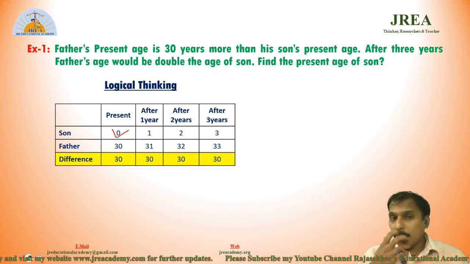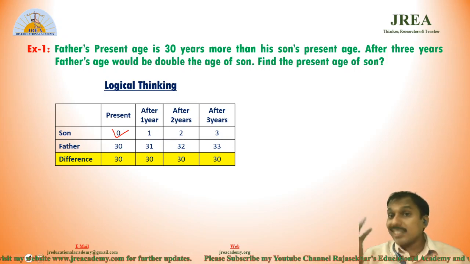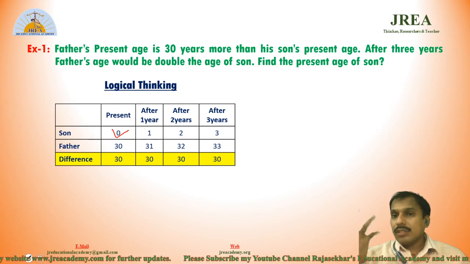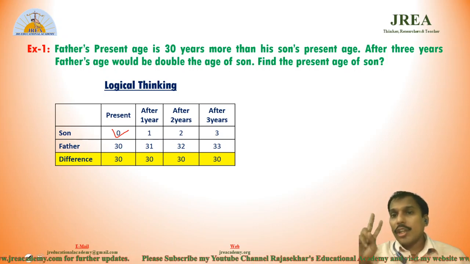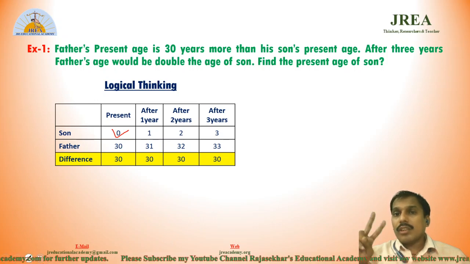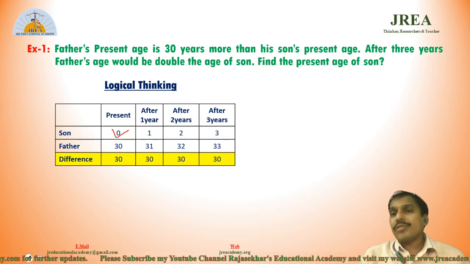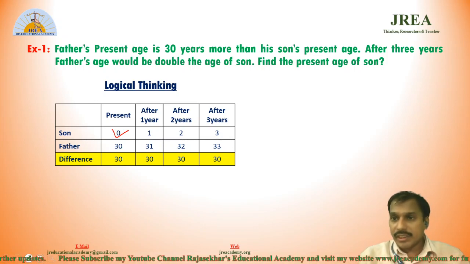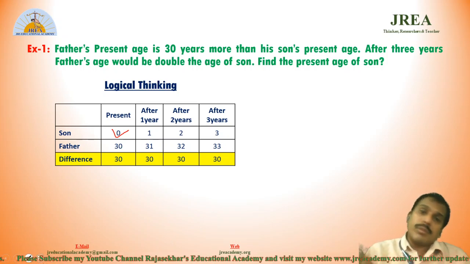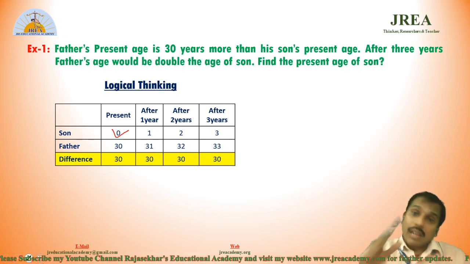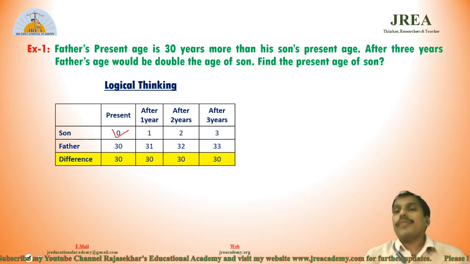If you observe all the cases, the difference doesn't change. That means if you take any two persons, the age difference is always constant, whether it is the present year, next year, after 2 years, before 1 year, before 2 years, after 10 years, or after 50 years.